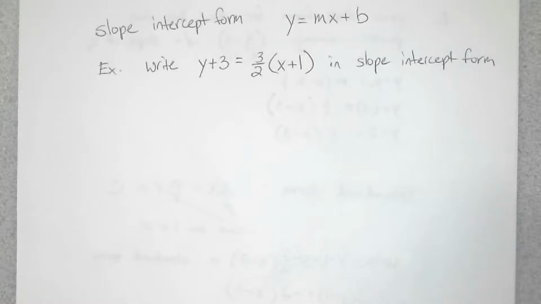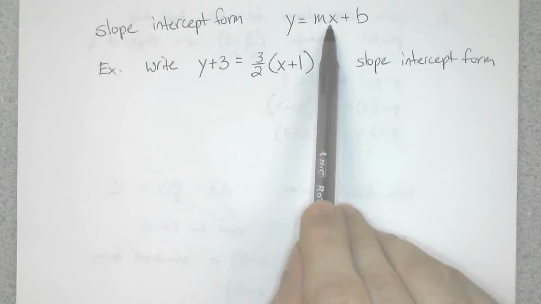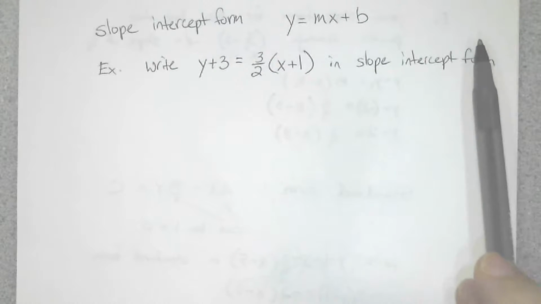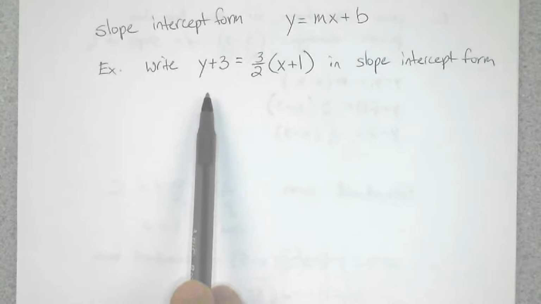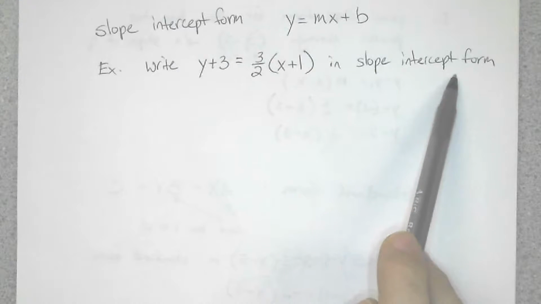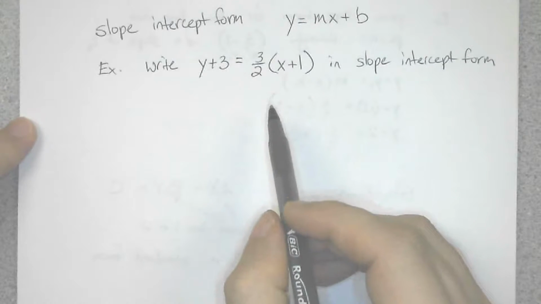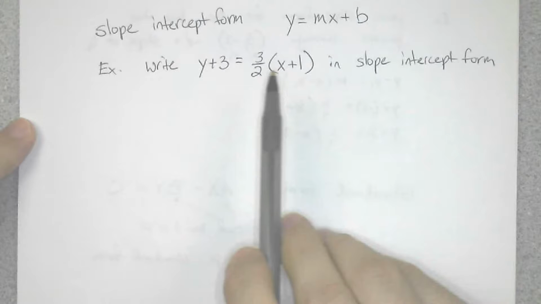Okay, the next one we need to take a look at is slope-intercept form. Slope-intercept form, remember, is y equals mx plus b format. So, right here, we have an equation in point-slope form. We want to write this in slope-intercept form. So, what we're going to do is as follows.